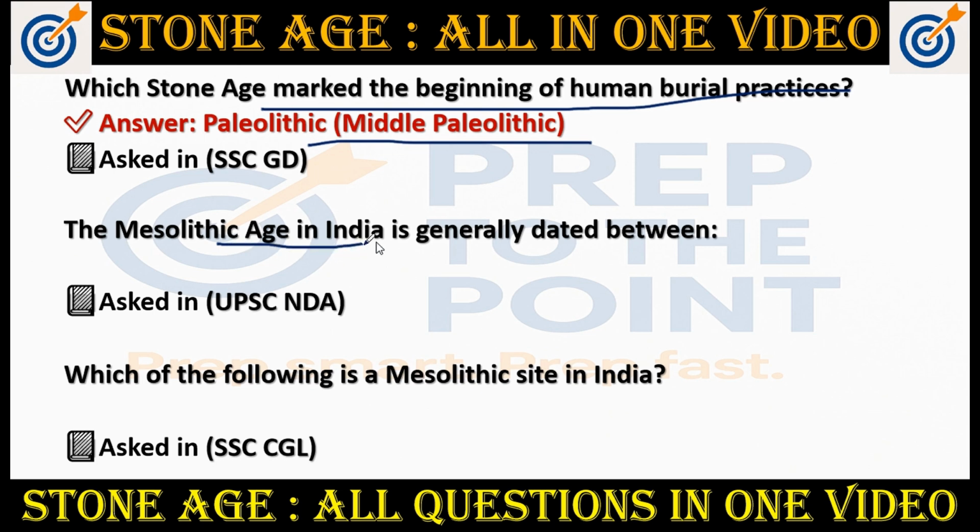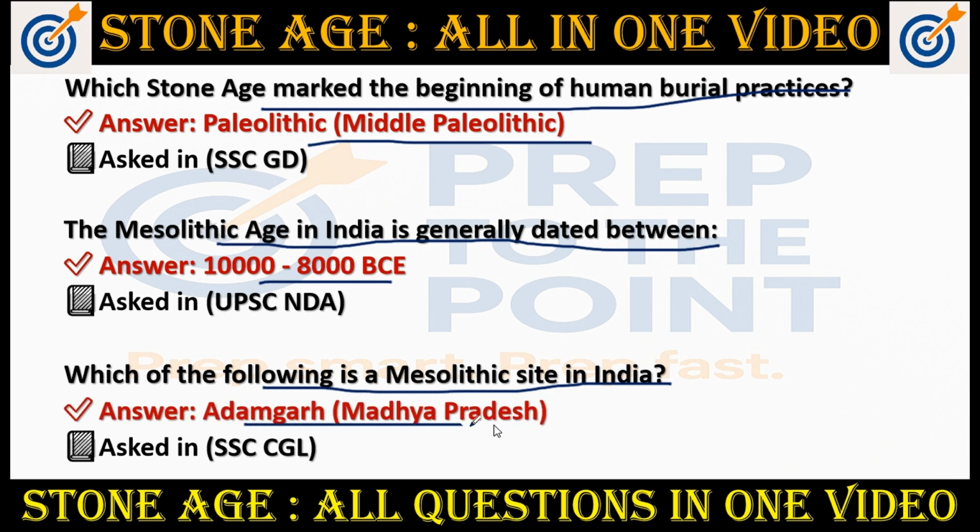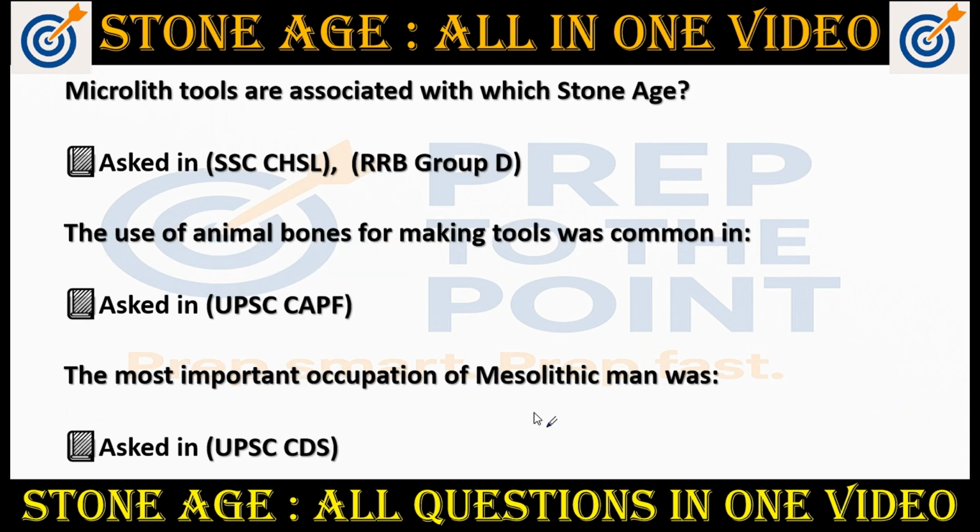The Mesolithic age in India is generally dated between 10,000 to 8,000 BCE. Which of the following is a Mesolithic site in India? Adamgarh in Madhya Pradesh. Microlith tools are associated with which stone age?